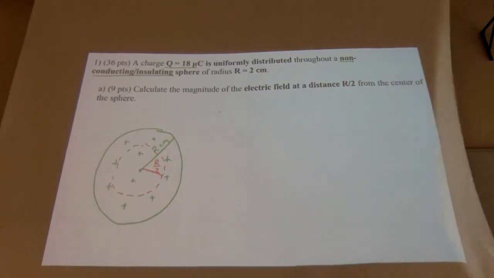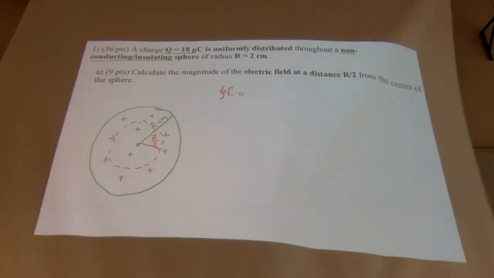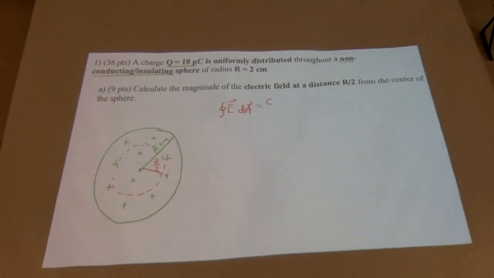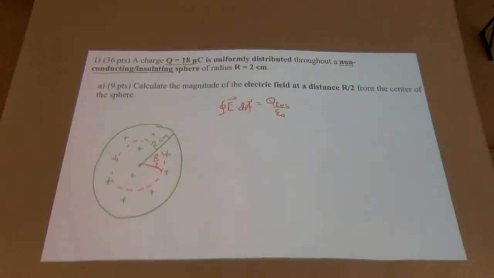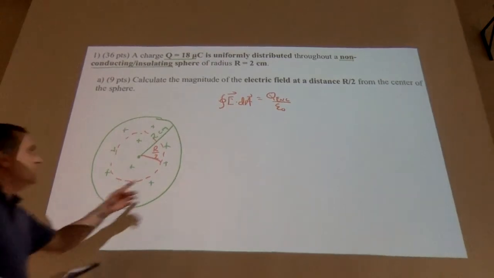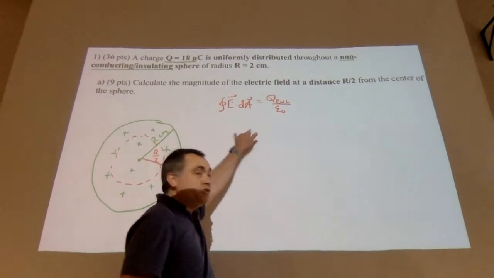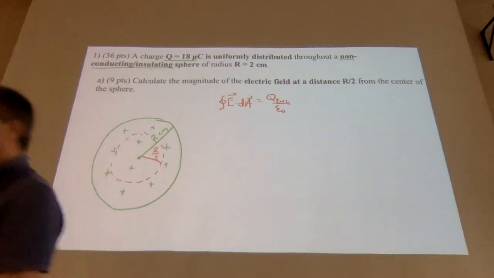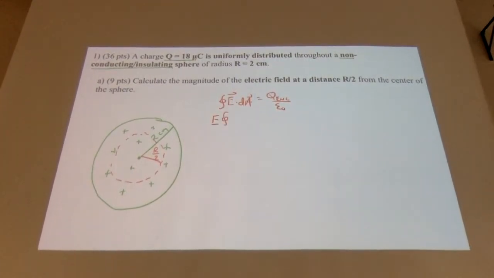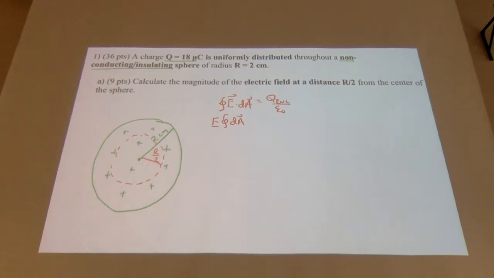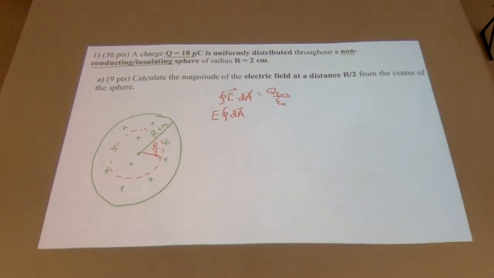So let's see. Gauss's law, the closed integral of E dot dA equals Q enclosed over epsilon naught. The left side of this applies to the Gaussian surface. So the electric field is going to be a constant value at that distance, which leaves me with the closed surface integral of all these little bits of surface area.